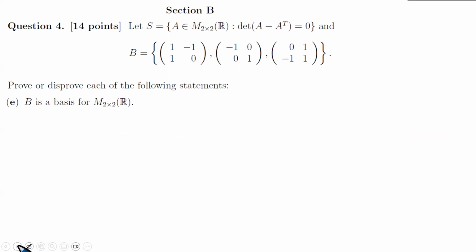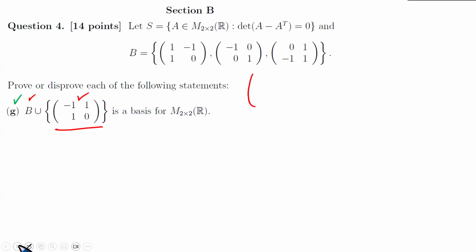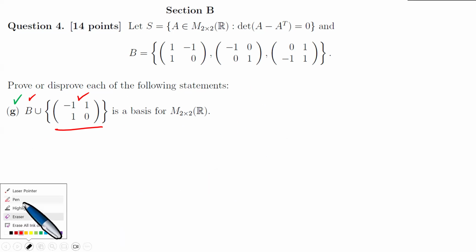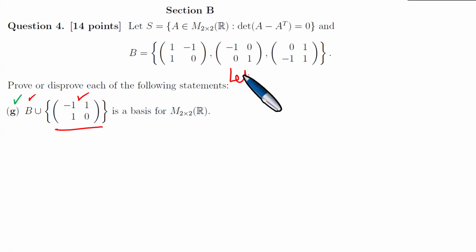You write a linear combination and see if it is trivial or not. In principle, what you need to do is let... Now, how many elements are there? There are 3, and then you add this one.